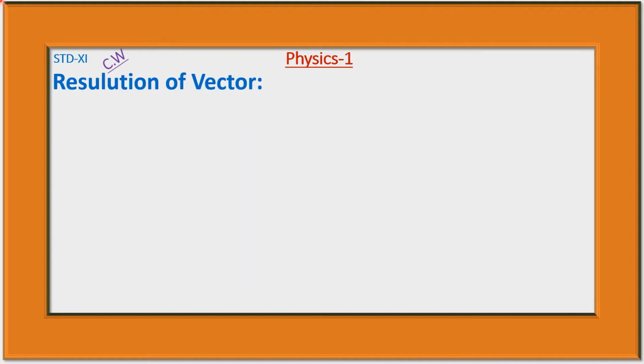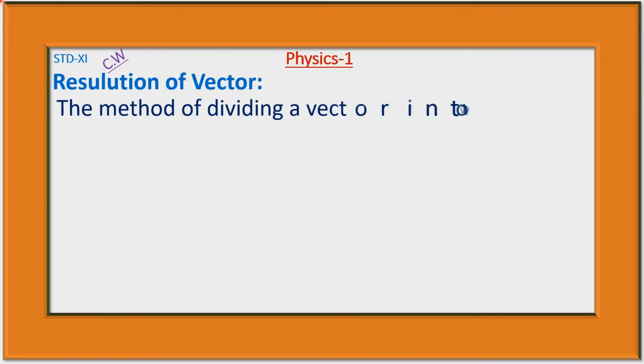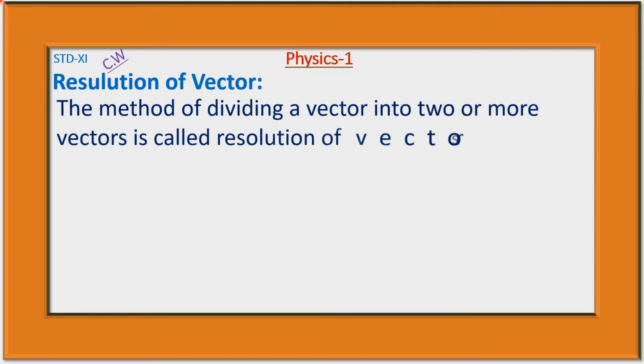But here we will divide a vector into two or more components. The method of dividing a vector into two or more vectors is called resolution of vectors.